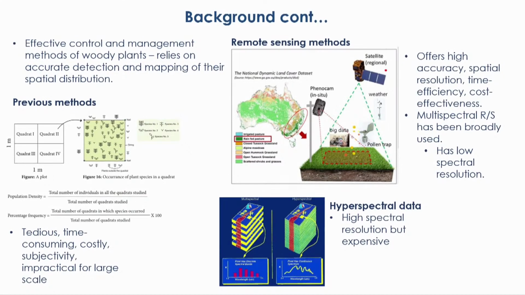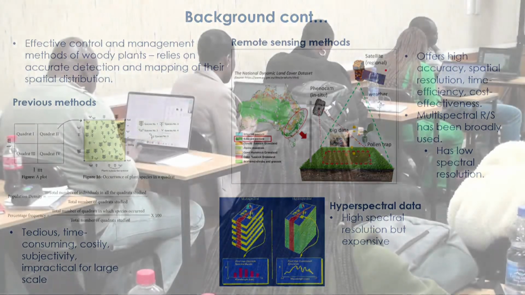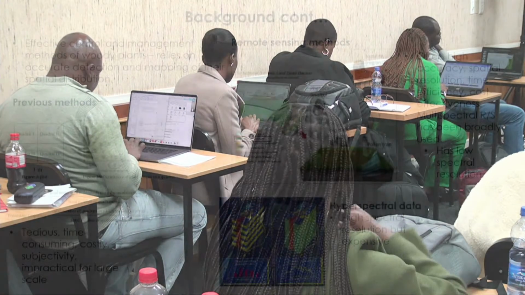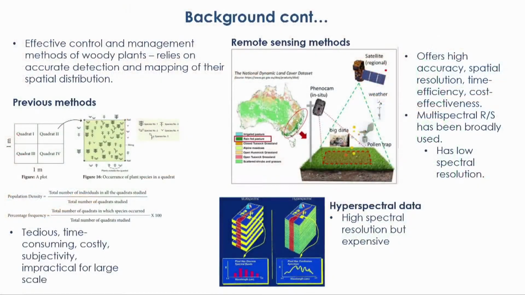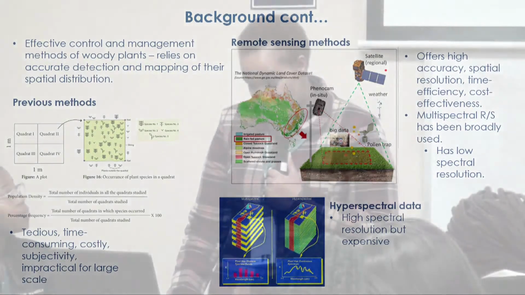Also, such methods are tedious, time-consuming, costly to implement, and not practical for large scale. Due to those limitations, remote sensing is a smart alternative because of its high accuracy and high spatial resolution. It's also time efficient and involves minimal costs.